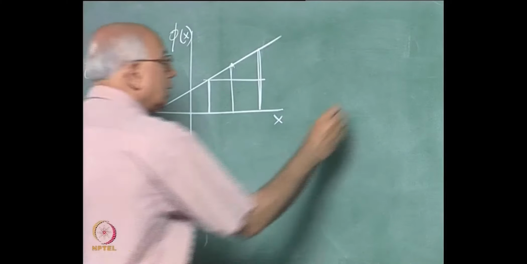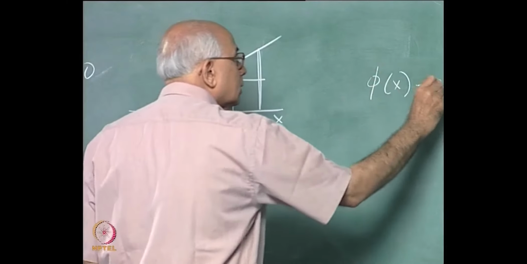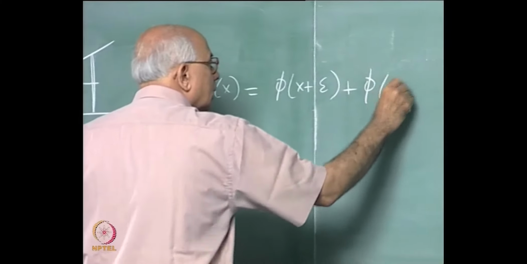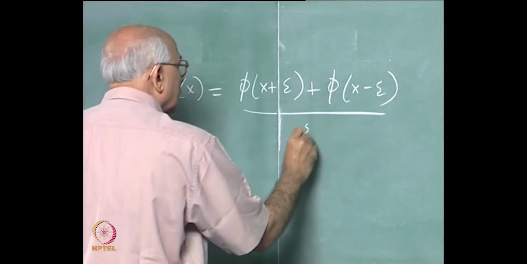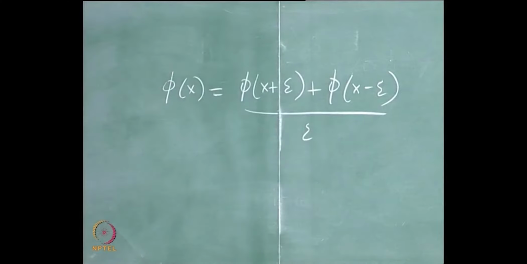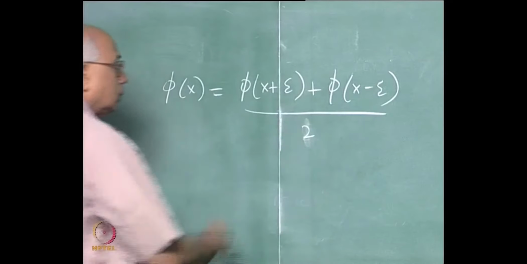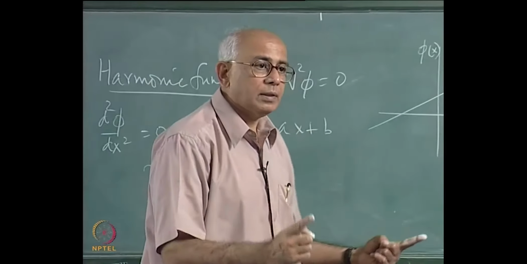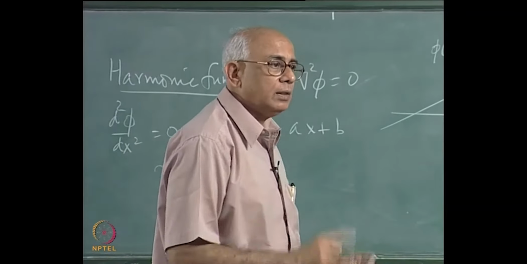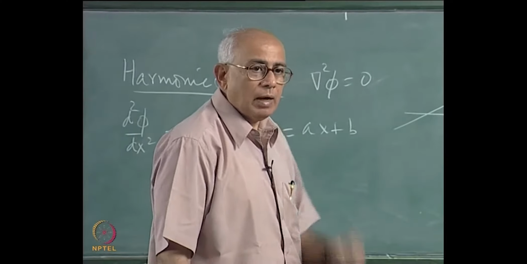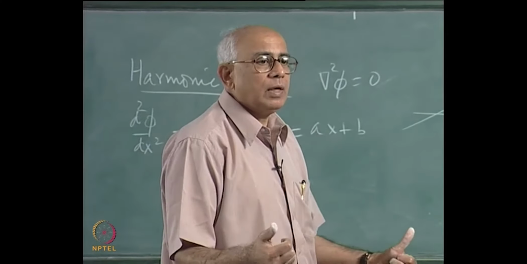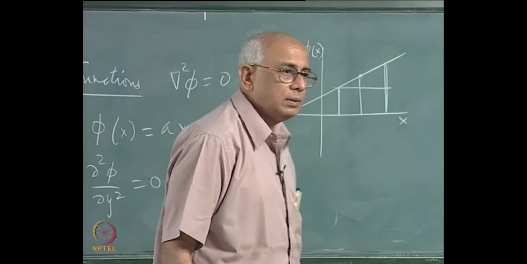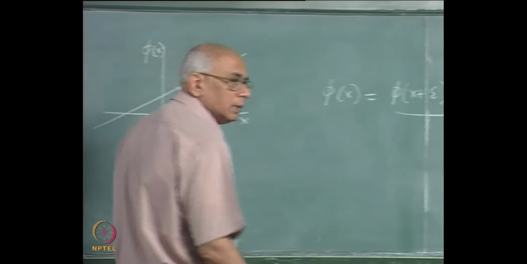In other words, you are guaranteed that phi at any point x is phi at x plus epsilon plus phi at x minus epsilon, divided by 2. Isn't it? You are guaranteed this for any epsilon, as long as there is no curvature. The value in the middle is always the arithmetic mean of the values on either side at 2 points symmetrically distributed about this point. That is what it is telling you.